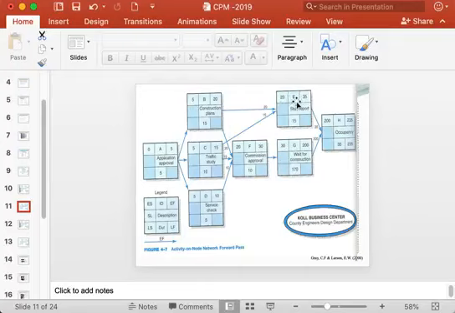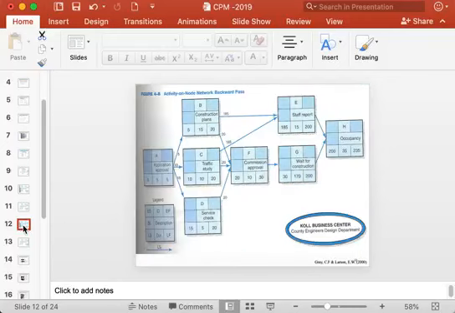For activity E, it is preceded by B and C, so you can see the earliest finish times are 20 and 15 here, and the largest is taken here. Then you can calculate the latest start time of activity A as 5 minus 5, 0.